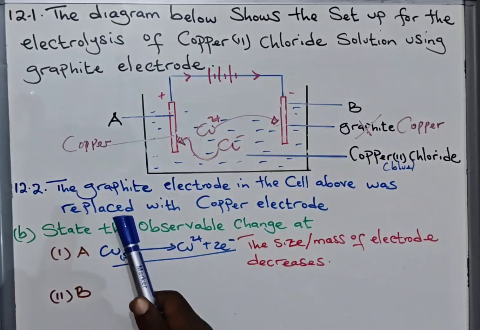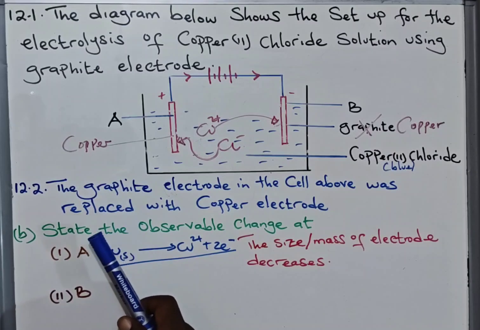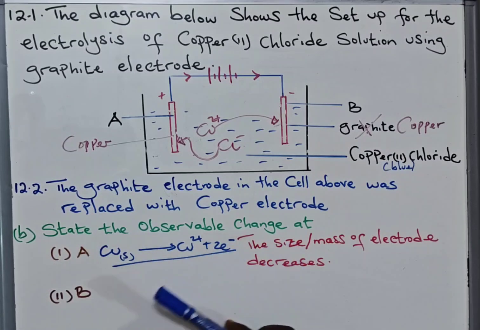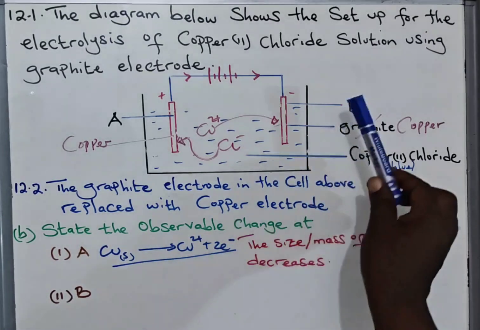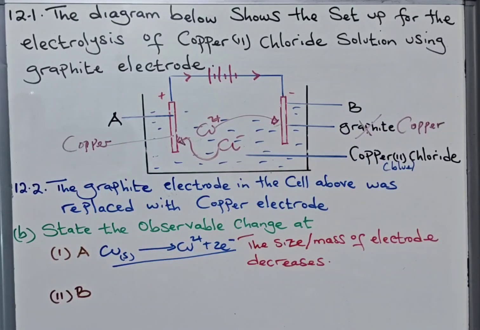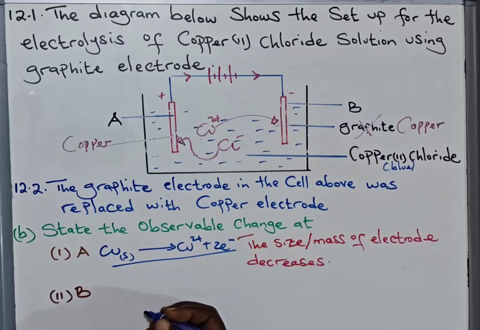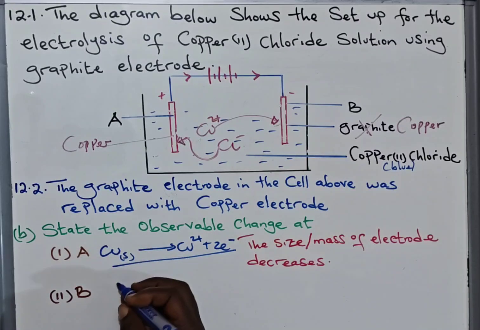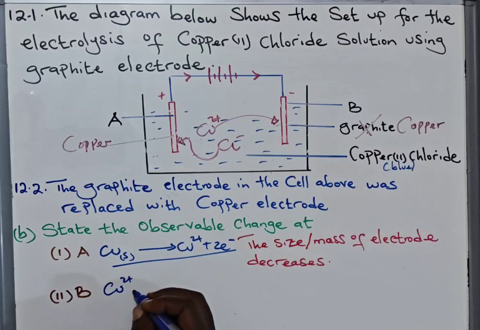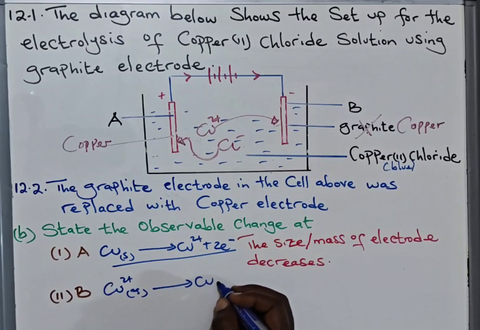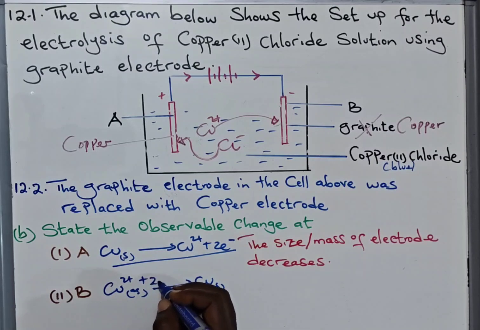Now we are looking at this observable change at B. What do we observe at B? This is what you have to know, that B is our cathode. And cathode is reduction. So in other words, we're having copper ions changing to copper solid. We must not forget the 2 electrons here.